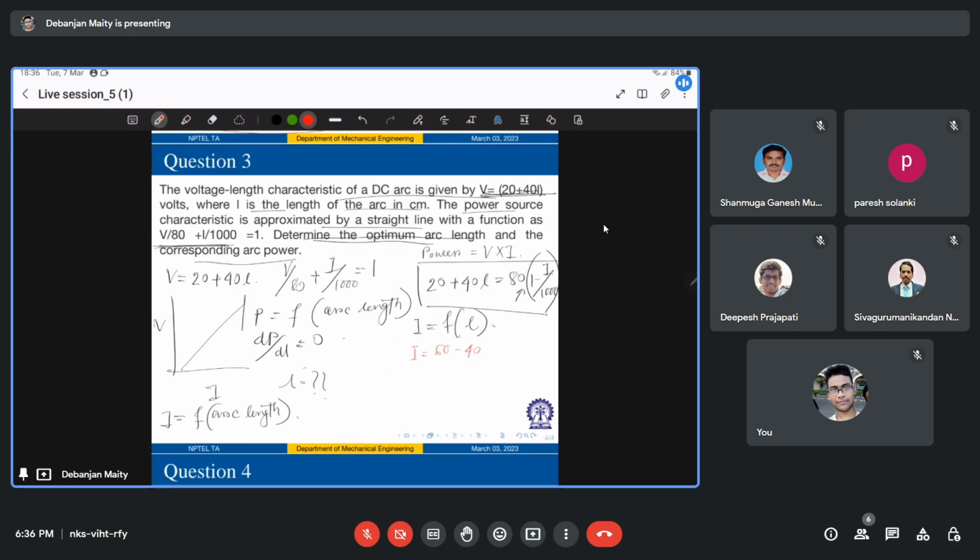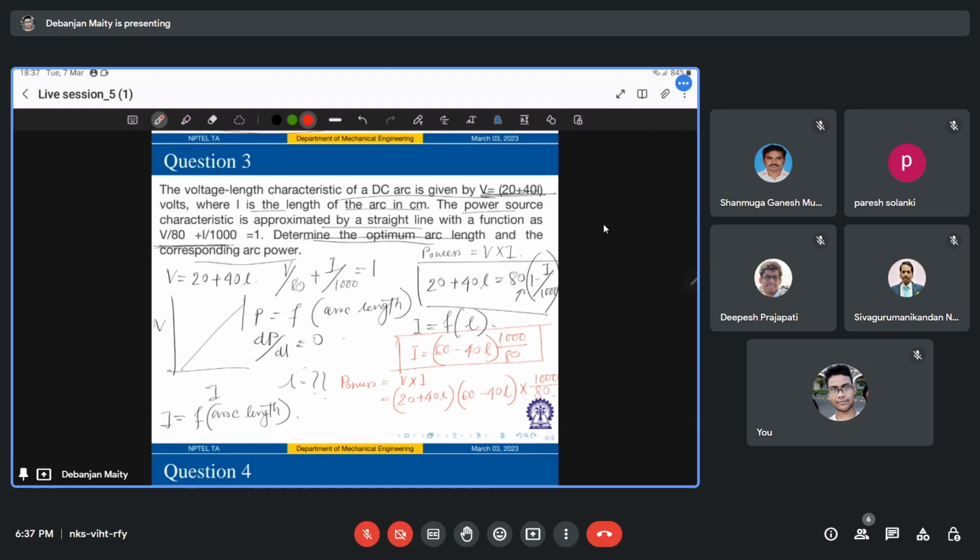For my calculation, this is coming as something like this. Just check if it is true or not. And then if you're getting I as a function of L, you can find out power. Power is V into I, which is 20 plus 40L, that into 60 minus 40L, that into 1000 by 80.